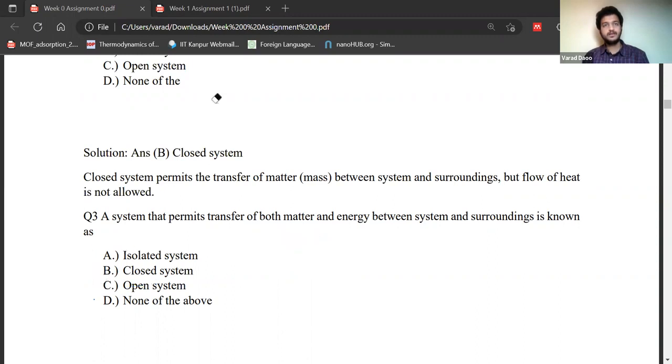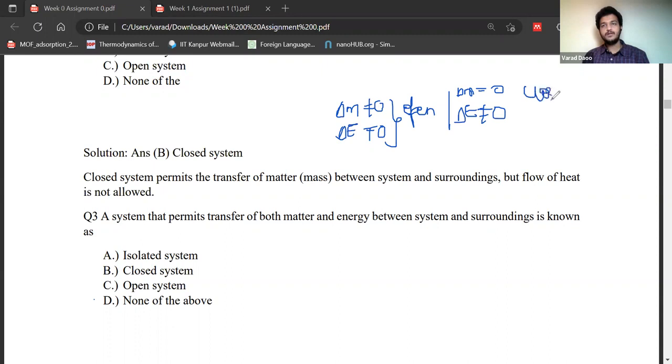Let me repeat again. When delta M not equal to 0, delta E not equal to 0, we have open system. When delta M equal to 0, delta E not equal to 0, we have a closed system.